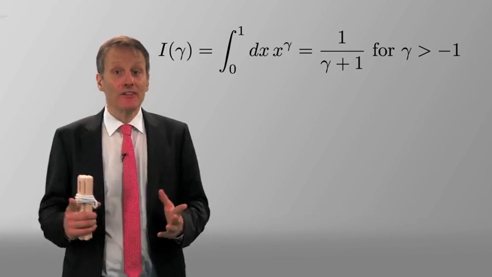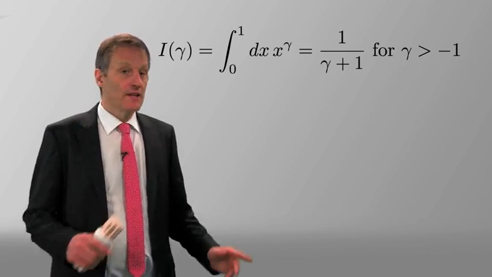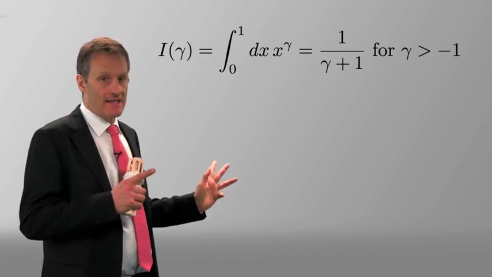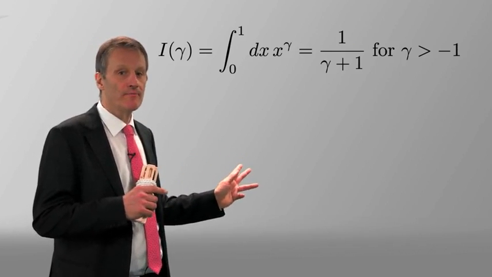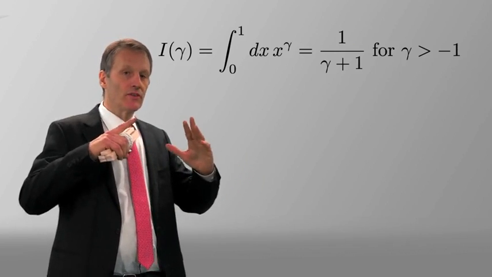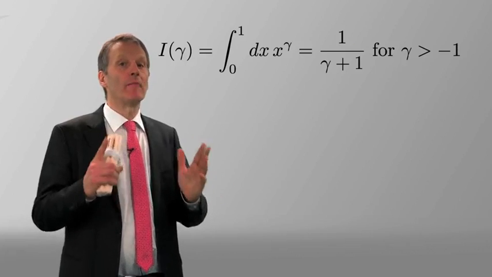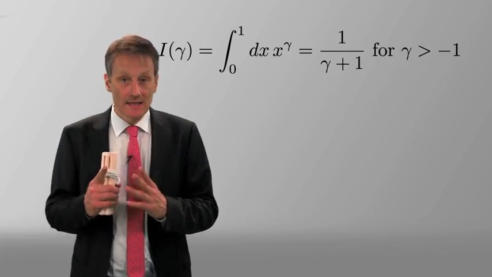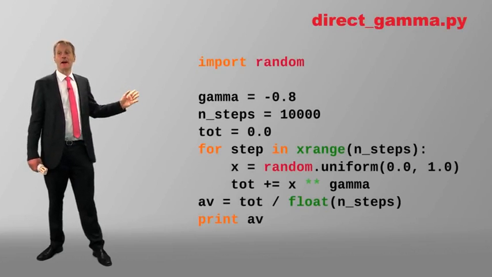So let's do this integral by sampling. Simply take x as a random number between 0 and 1 and compute this random number to the power of gamma. This is done in the program directgamma.py.